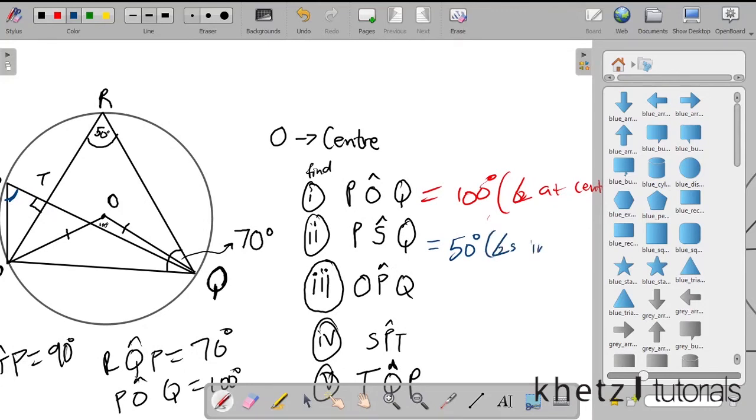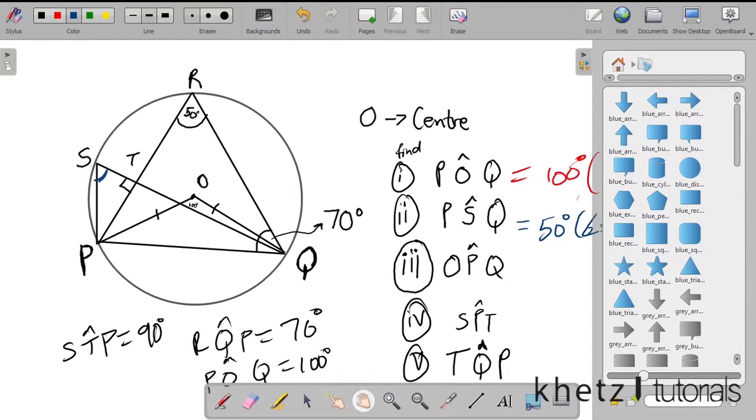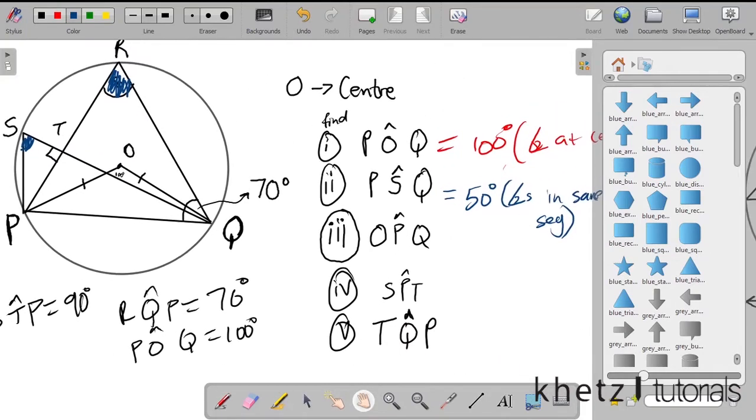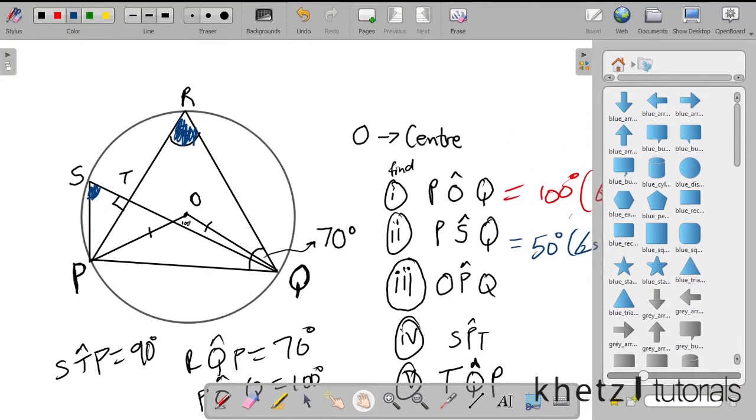Angles in same segment. So basically, this angle is equal to that angle. If you just revise your theorems, you'll see that that is true. And if we move on to something else, let's look at OPQ. Where is OPQ? So OPQ is over here.